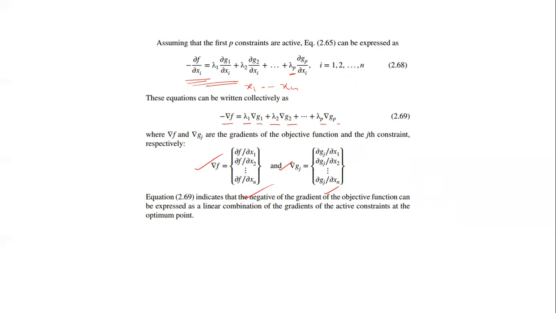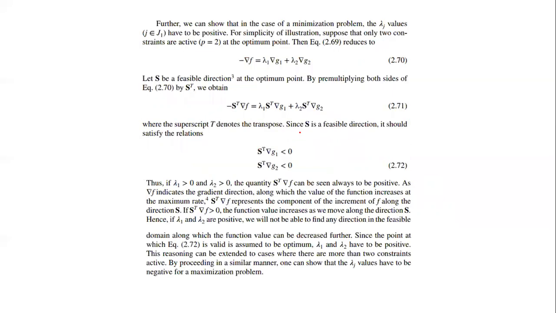So for that, you can see from this one, this is the gradient of f, and p of them is difficult to comprehend. So that is why we are assuming that only two of them are active. So we assume p equal to 2. Okay, so we are just taking two components.